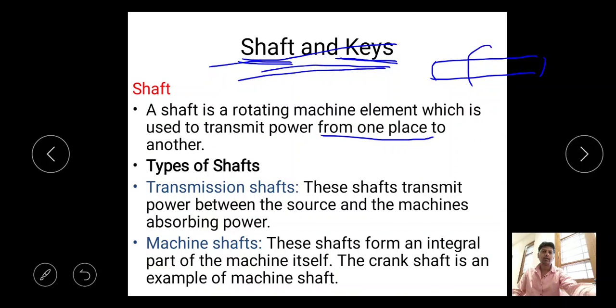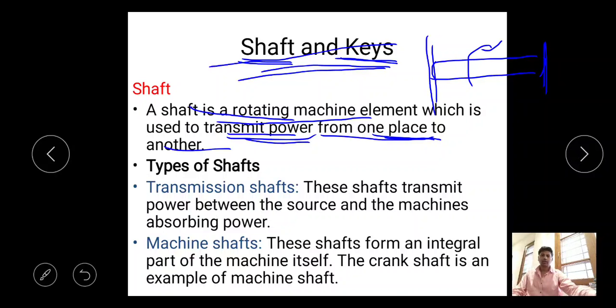If you want to transmit power from this point to this point, then you use a shaft. The main work of a shaft is to transmit power from one place to another place. Now we'll study the different types of shaft.